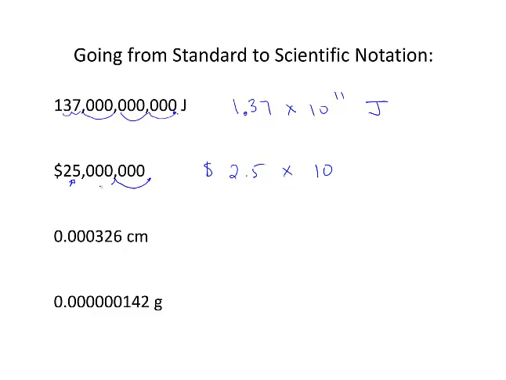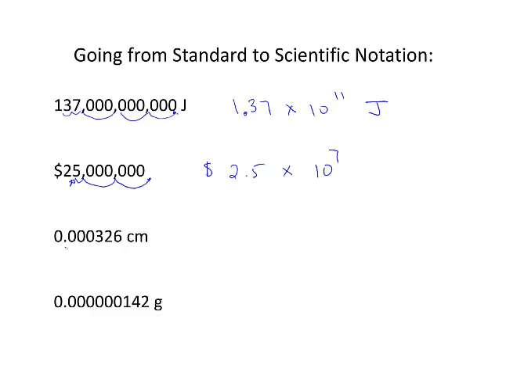I move it 3, 6, 7, so this would be 2.5 times 10 to the 7 dollars. If it's going to be a really big number, the exponent is going to be positive. If it's a really small number, we're moving the opposite direction, so the exponent is going to be negative.